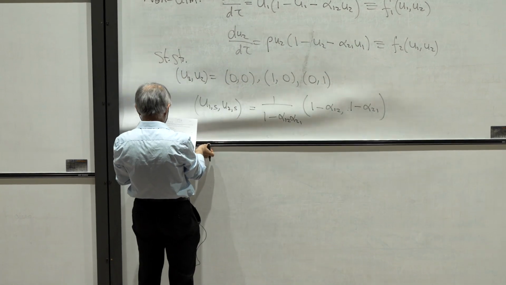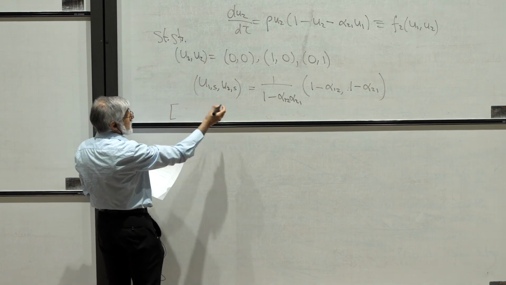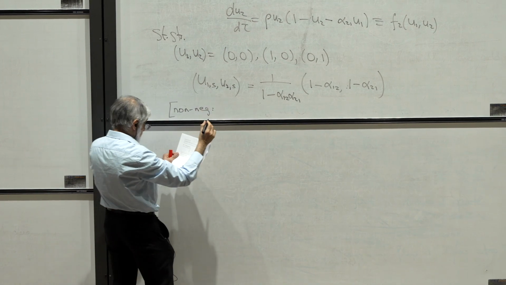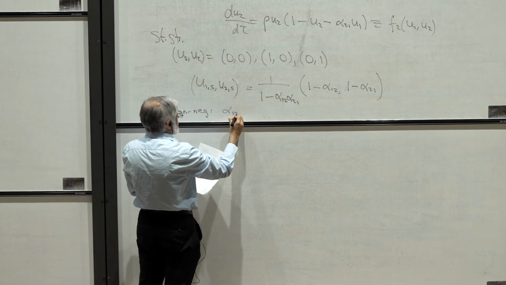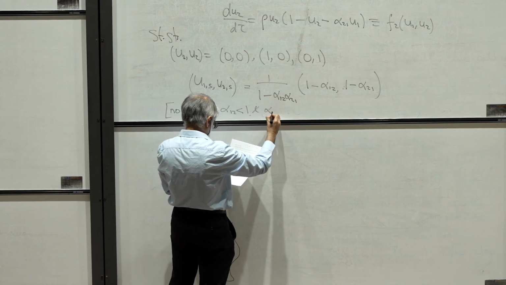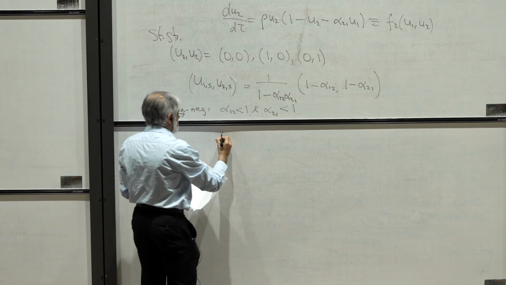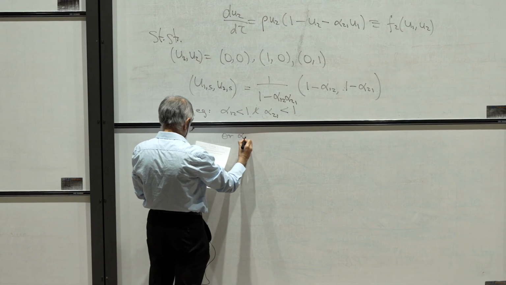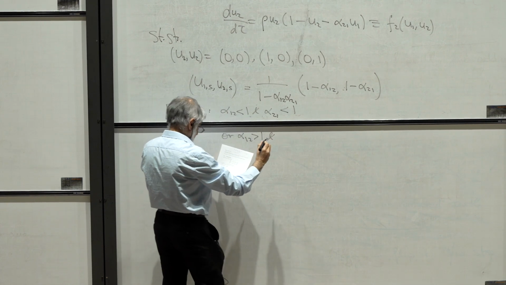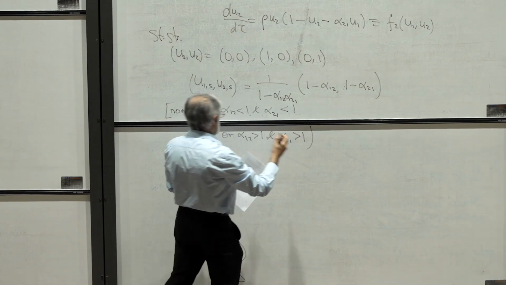And so that's going to be non-negative for the cases alpha12 less than 1 and alpha21 less than 1, or alpha12 bigger than 1 and alpha21 bigger than 1.